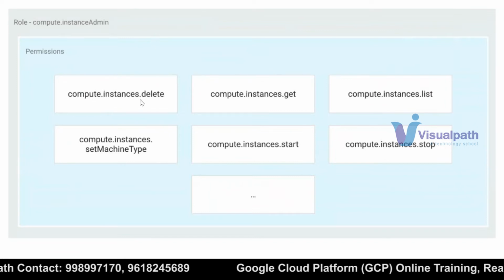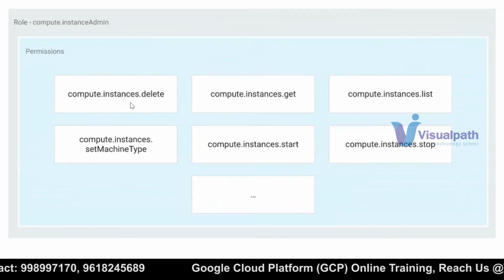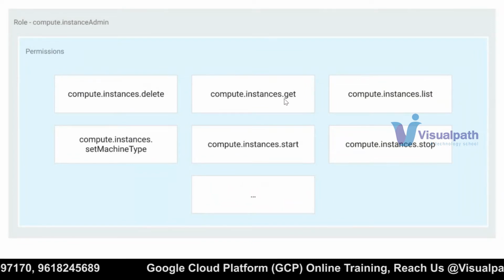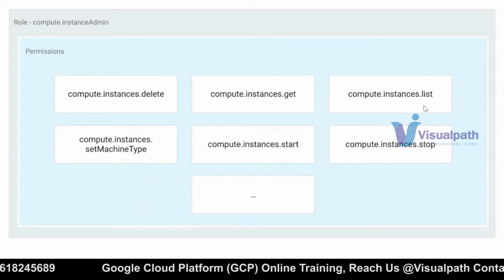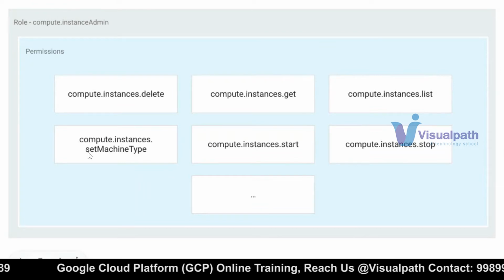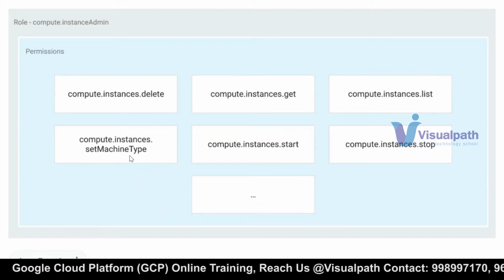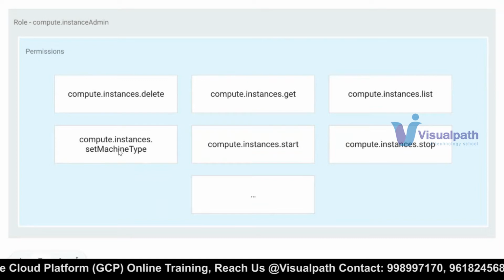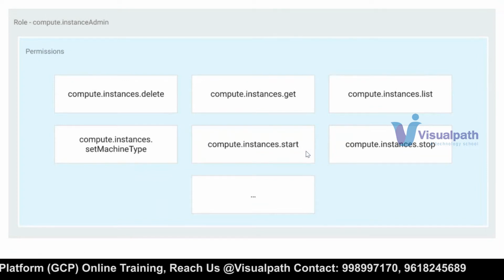If you give this role to a person, then that person has the access to delete that Compute Engine instance. Similarly, get is for getting all the information, and list is for getting the list of Compute Engine instances. And this is for the person who can modify the machine type. For example, right now the machine is provisioned with N1 standard and now you want to modify it, so we can do that. And this is start and stop, which is more of an admin kind of thing.